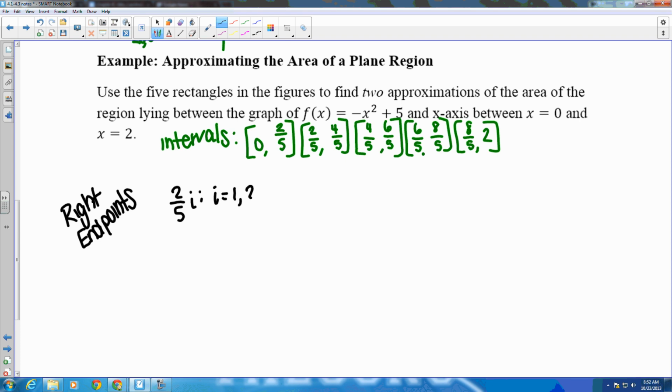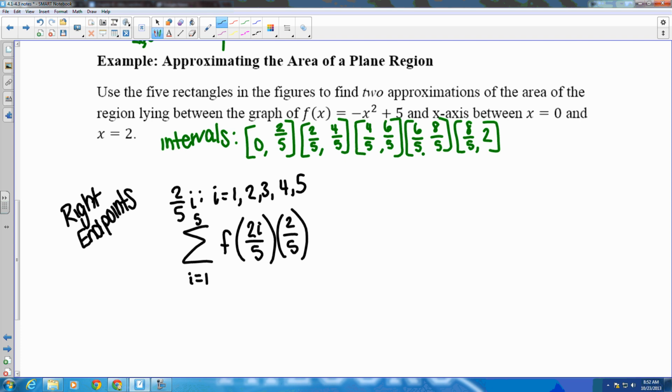And i is 1, 2, 3, 4, and 5. So our first summation is going to be from 1 to 5, f of 2i over 5 times 2 fifths.